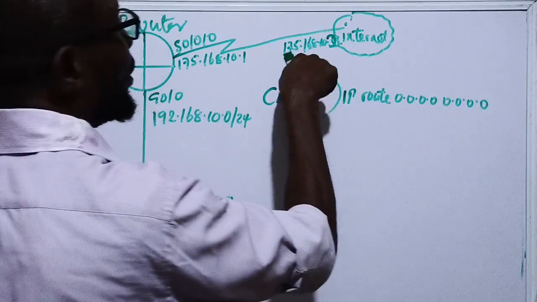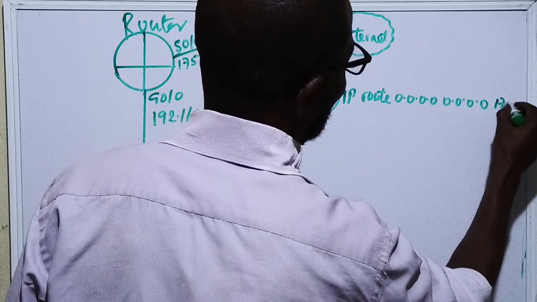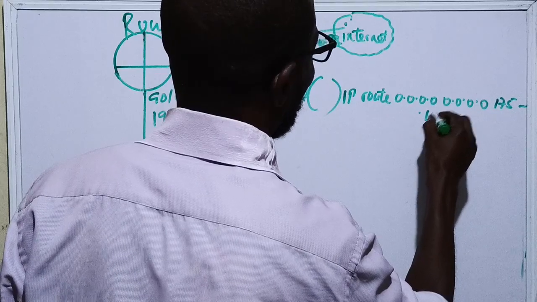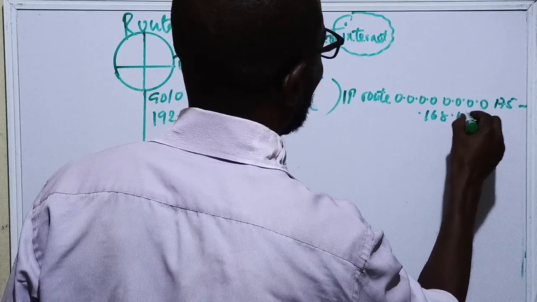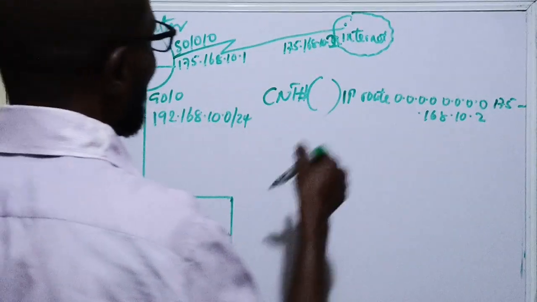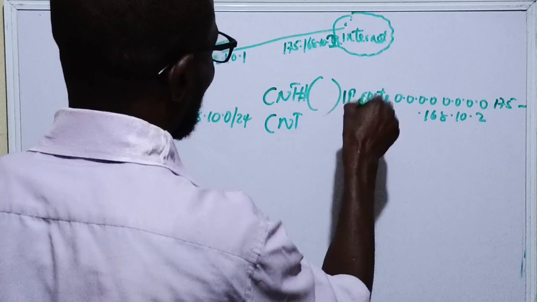You put this IP address in front, 175.168.10.2. You hit enter, and you put exit to come back to privilege mode.